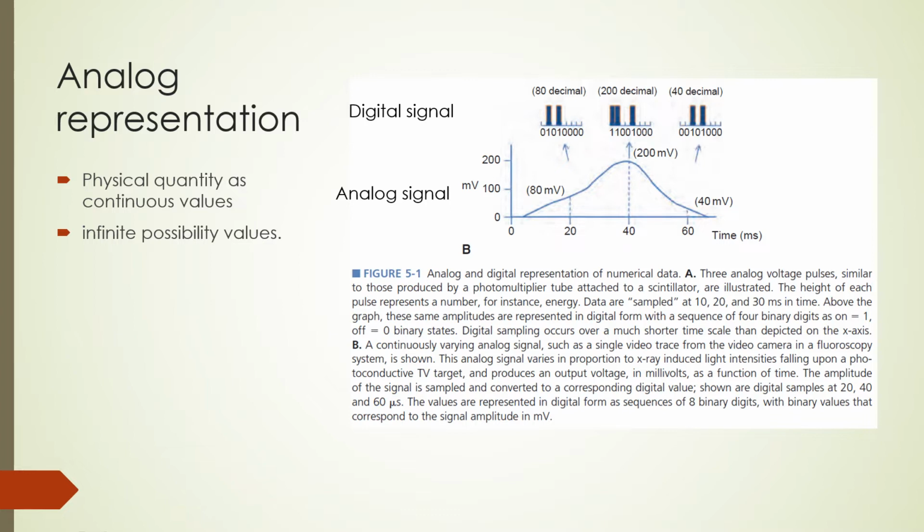There are an infinite number of possible values between the lower and upper limits of the representation. The figure on this slide is a continuously varying voltage signal. Suppose you want to convert this analog voltage signal to digital form, you will need to break the signal into discrete values. This is done by an analog to digital conversion system.